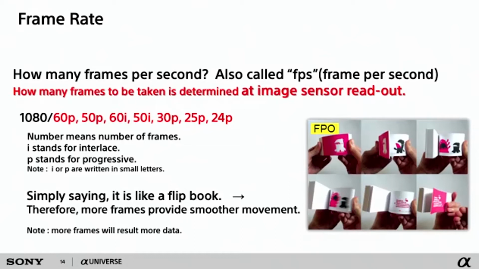If there's a large amount of movement between those fields, each frame appears to be slightly offset. So the camera interprets the frame in between, whereas progressive records every single frame. So when we talk about 60i and 30p, technically those are the same information, but the frame interval is different. So ideally we want P.